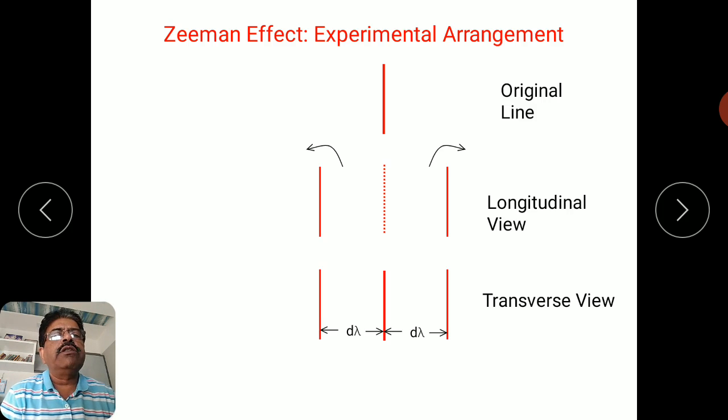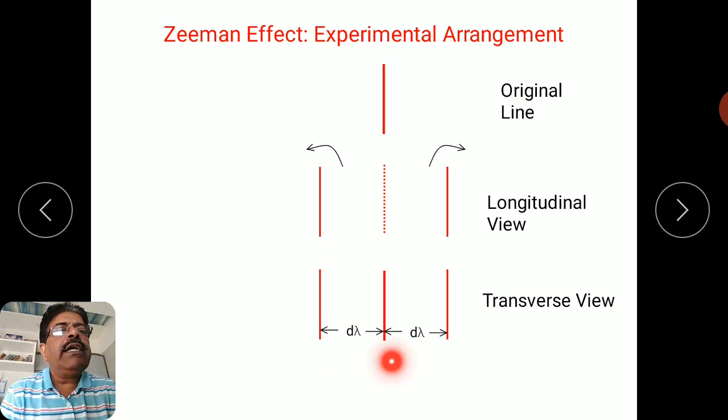Of these three components, one has slightly higher frequency than the original one and the other has slightly lower frequency than the original one. So the three components are the original line, one line having slightly higher frequency than the original line, and one line having slightly lower frequency than the original line.